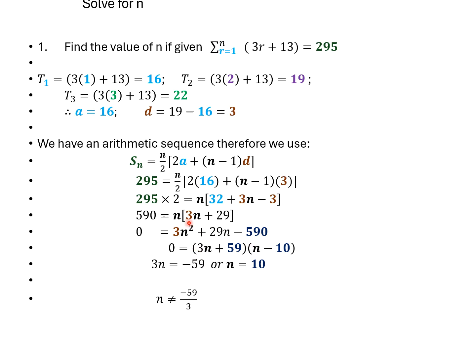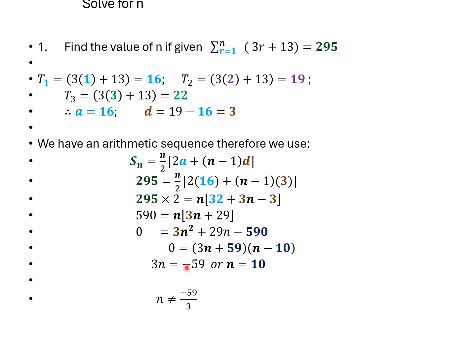Now we're required to factorize this. If you get stuck here, you're allowed to use the quadratic formula. But 3 is a prime number, so it can only be 3n times n. And 590: 59 times 10 gives me 590. But 59n minus 30n, 30 times negative 10 gives me negative 30, gives me plus 29n.